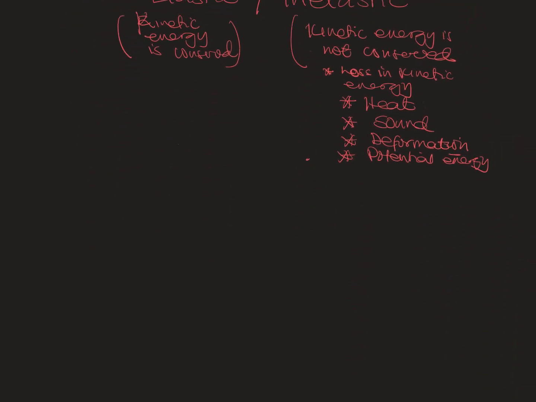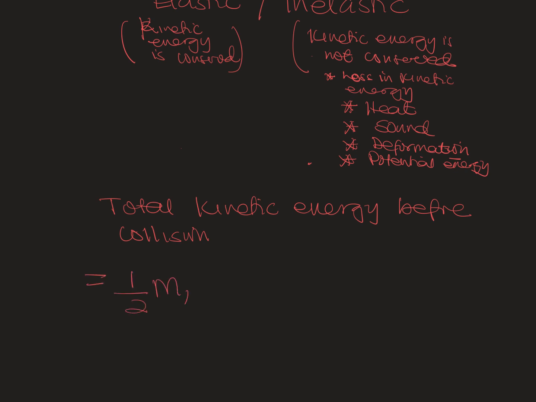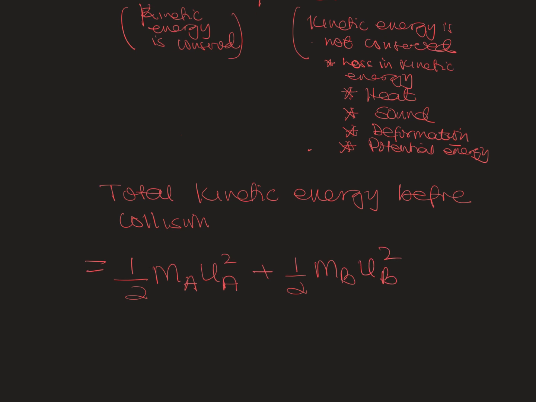So, total kinetic energy before collision. The total kinetic energy before collision is half the mass of body A times the initial velocity of body A squared, plus half the mass of body B multiplied by the initial velocity of body B squared.